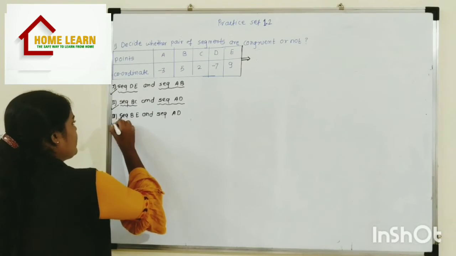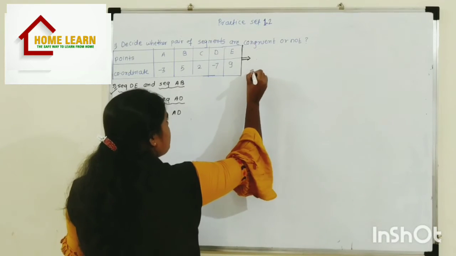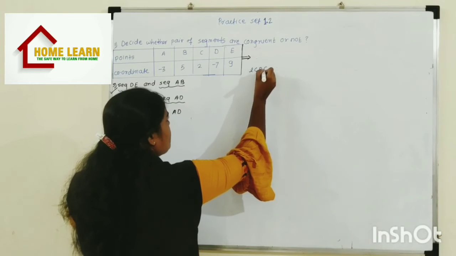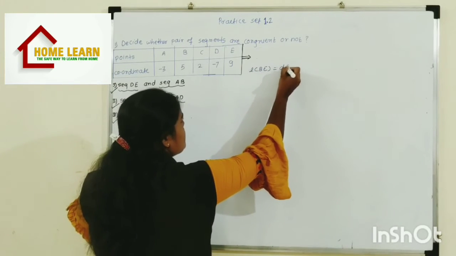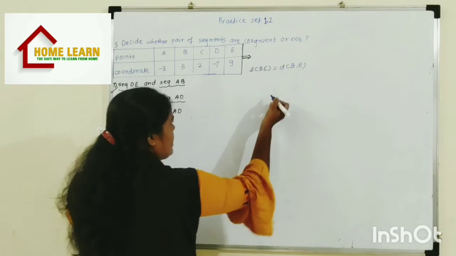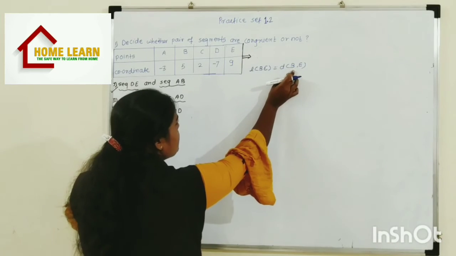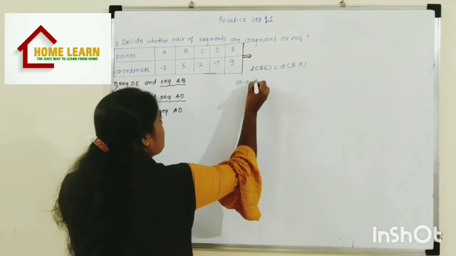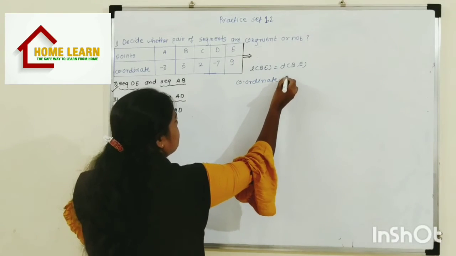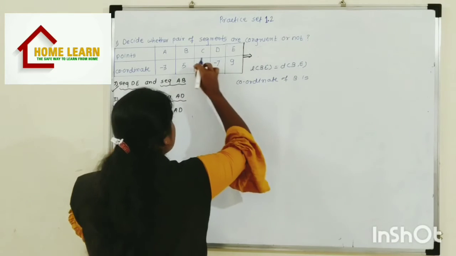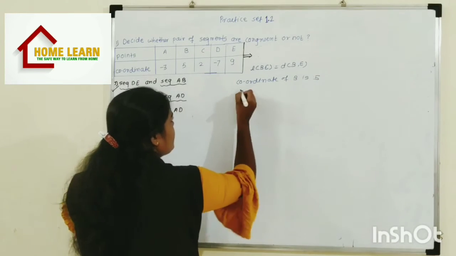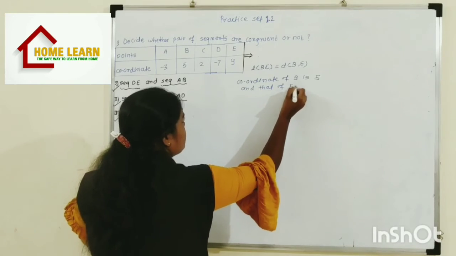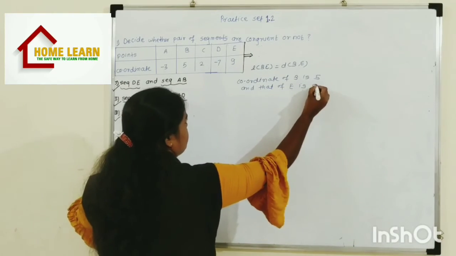Let's take the third one, that is segment BE. So right here the length of segment BE is equal to the distance between point B and E, and we know how to calculate the distance between point B and E. So take the coordinate of point B, see here, 5, and that of E is 9.